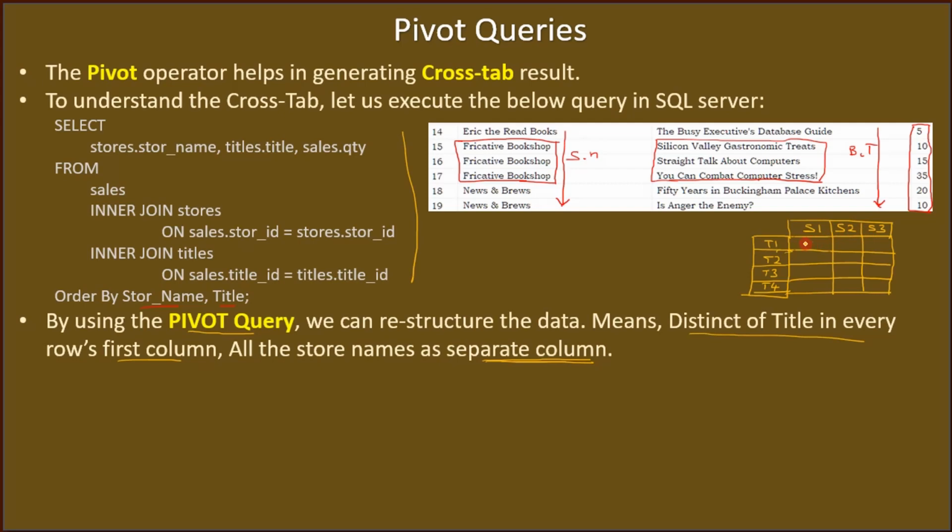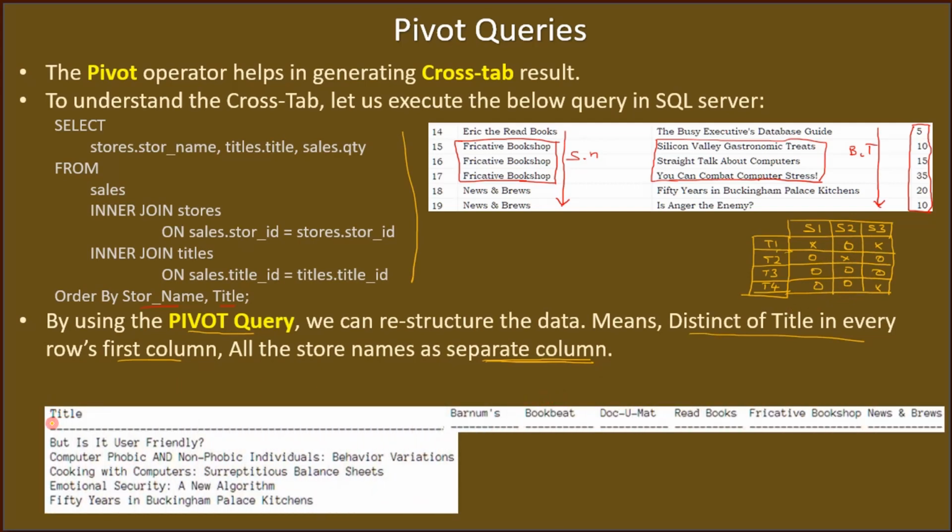Inside, we will specify the quantity of sales in each cell. So if there is no sales of title T2 by store 1, then we will replace this with 0. So this is what we want to achieve here.